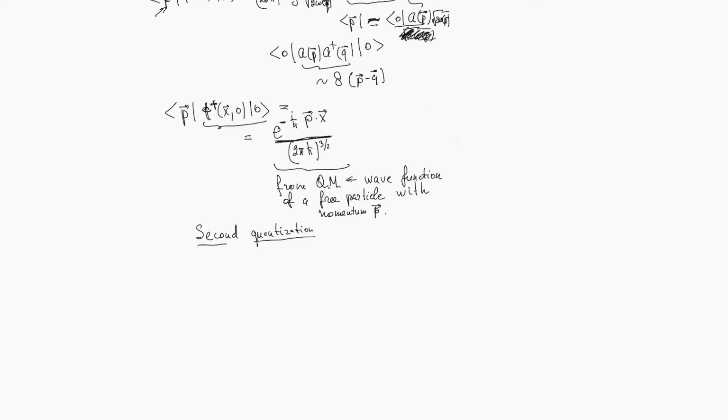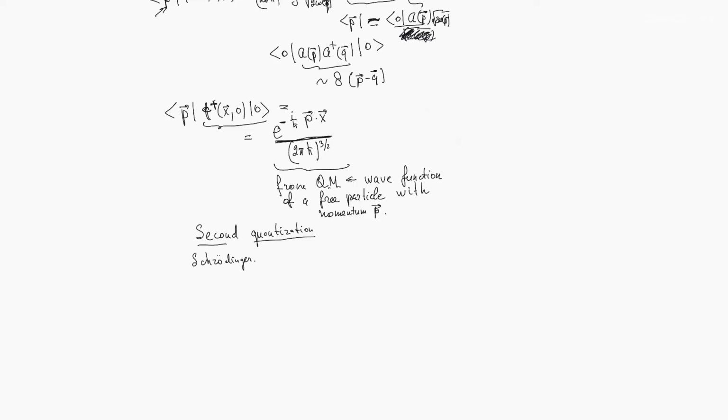Now, the Klein-Gordon equation, which we have solved and studied, was actually introduced already by Schrödinger himself. His motivation for introducing the Klein-Gordon equation was rather simple.